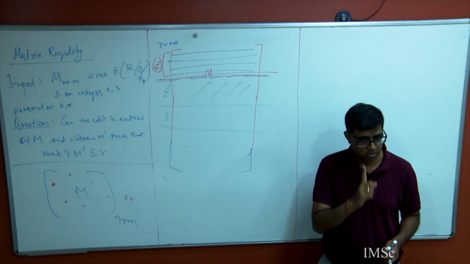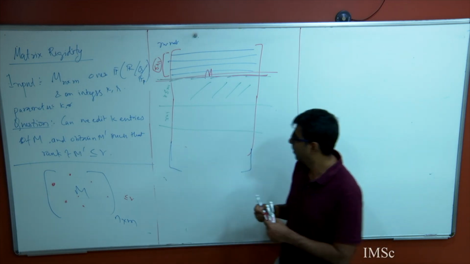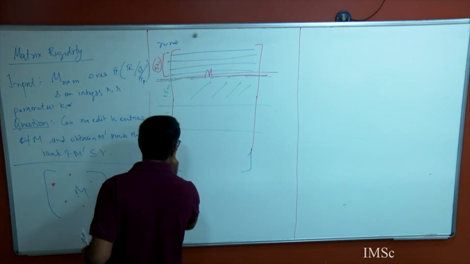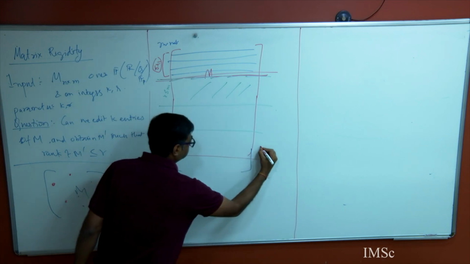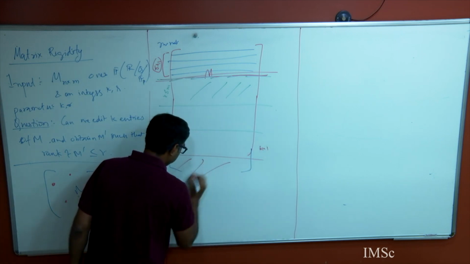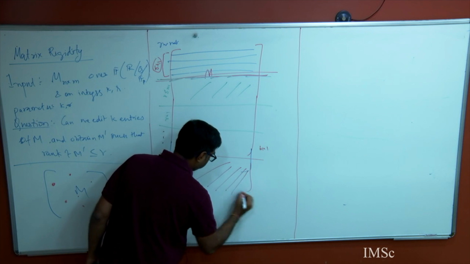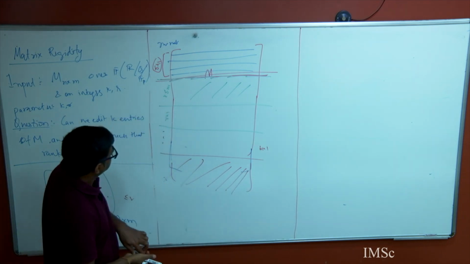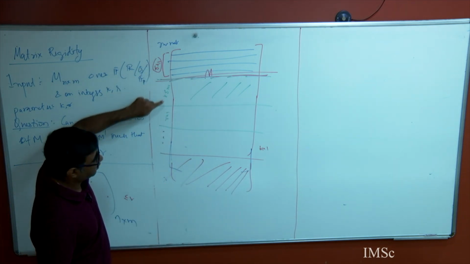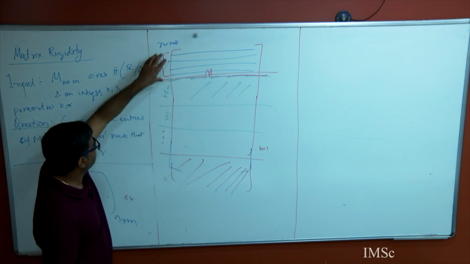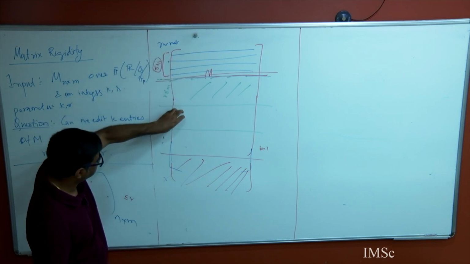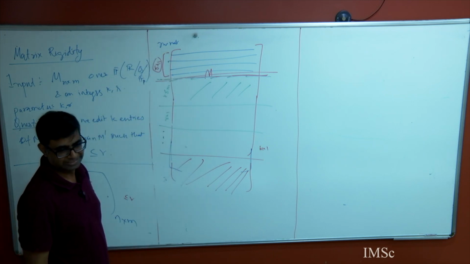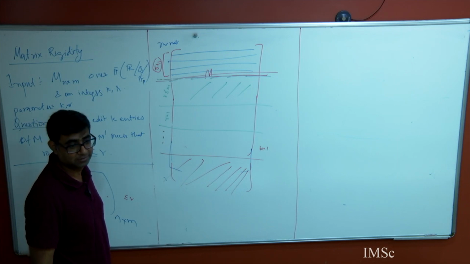How many times will I do it? K plus 1 times. Imagine I do this K plus 1 times and every time I get R plus 1, R plus 1, R plus 1, R plus 1. What happens? Can I say no?